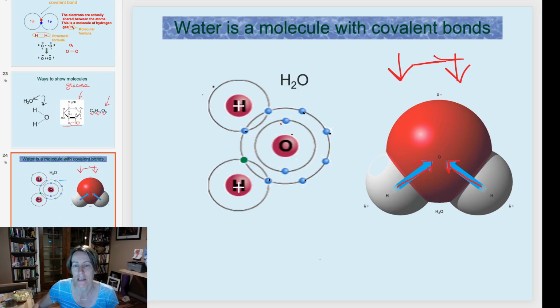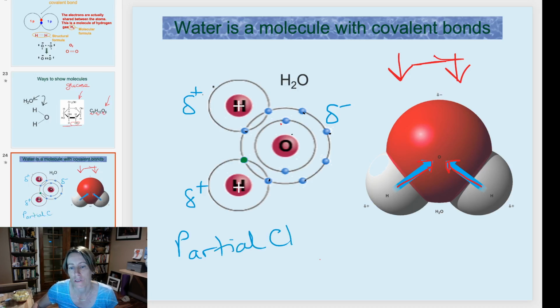It does go back to the hydrogens from time to time, but that's not all the time. So we say this is partially negative because the electron cloud is there mostly, and we say this is partially positive. And these partial charges, that means not complete, are really, really important in biology and really important to water and some of the cool stuff that water can do.